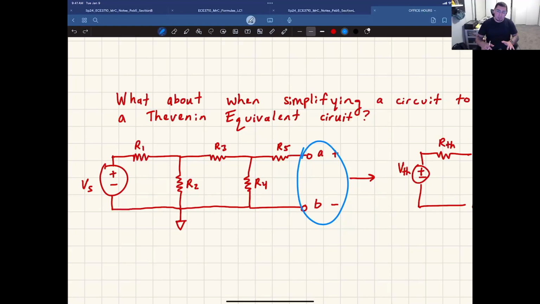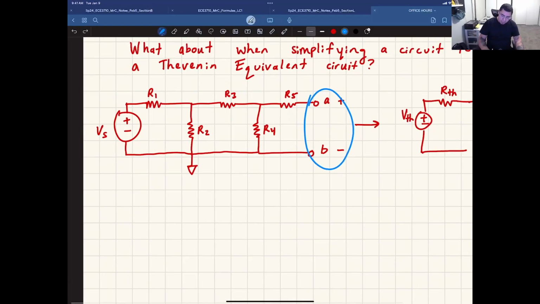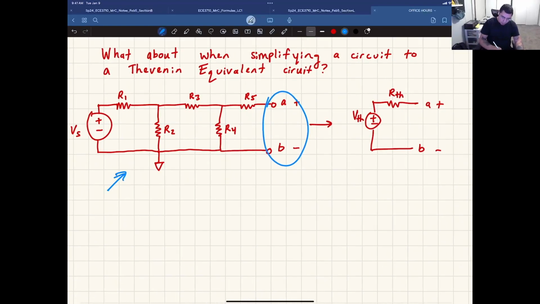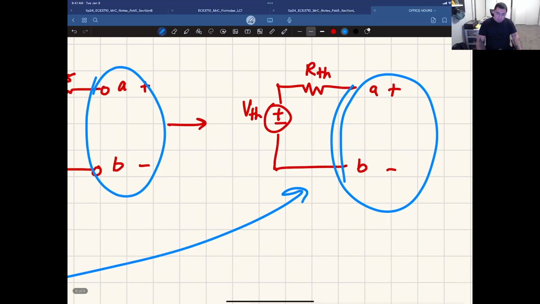And you simplify the circuit, which is not the point of this video, but if you were to begin it, you would notice, again, your goal would be to go from here to here. Do you notice that there's an open circuit here? Whoever created the Thevenin equivalent circuit, they didn't say, oh shoot, our Thevenin is in series to this open circuit, remove it. No. There's a reason why they want to draw it like this.